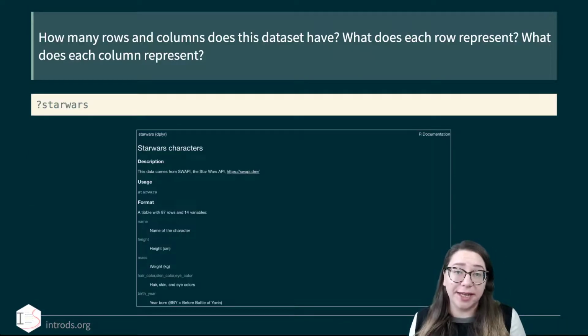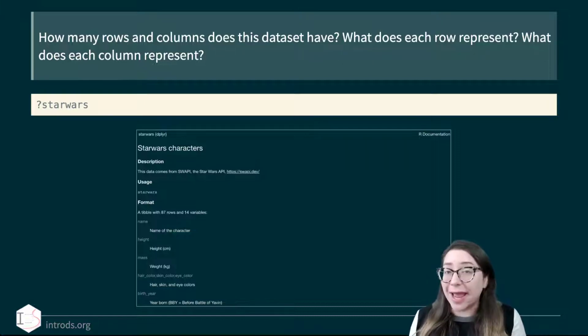This particular data set is distributed with one of the packages that we are going to be working with. The name of that package is dplyr, and it is the data wrangling package in the tidyverse. And since it comes with a package, it comes with documentation as well.